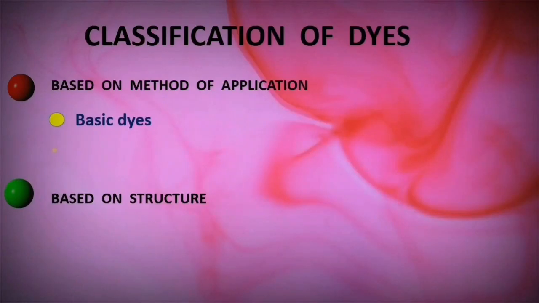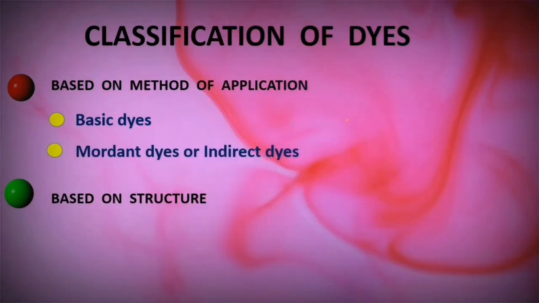Basic dyes are used for dyeing animal fibers and plant fibers. Modern dyes are also called as indirect dyes. These dyes have a poor affinity for cotton fabrics and hence do not dye directly. They require pre-treatment of the fiber with the mordant.